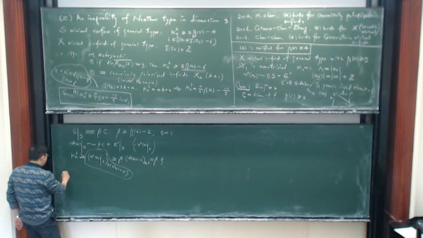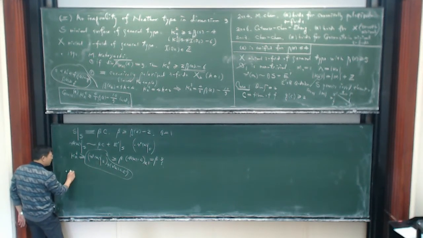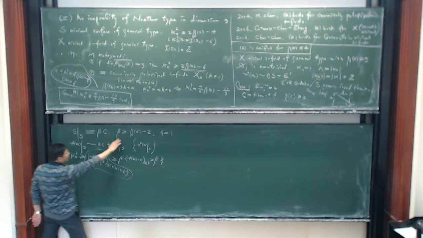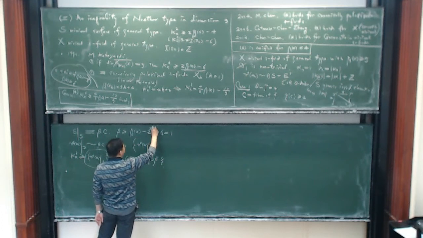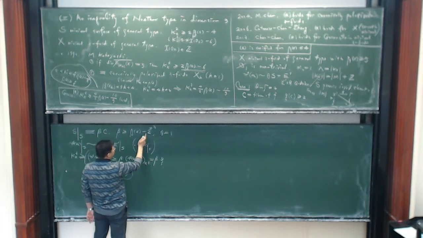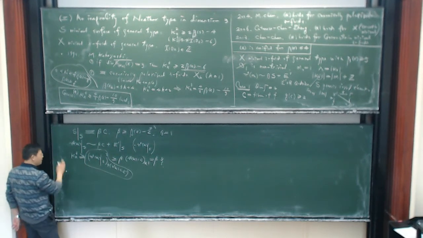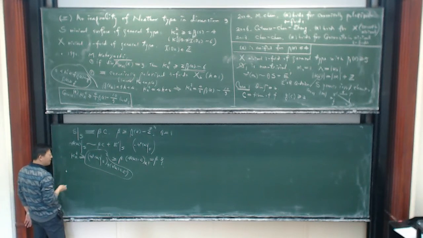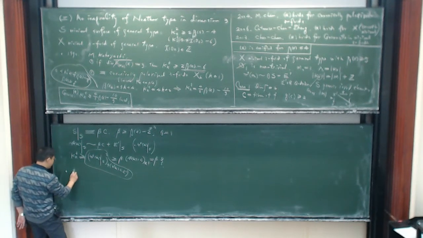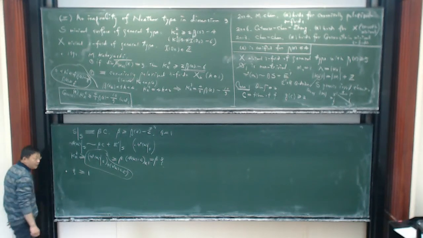Here we know that beta is at least 3 because PG is larger than 5, so 5 minus 2 is 3. Using the technique I explained yesterday, we can prove that psi is always larger than or equal to 1.